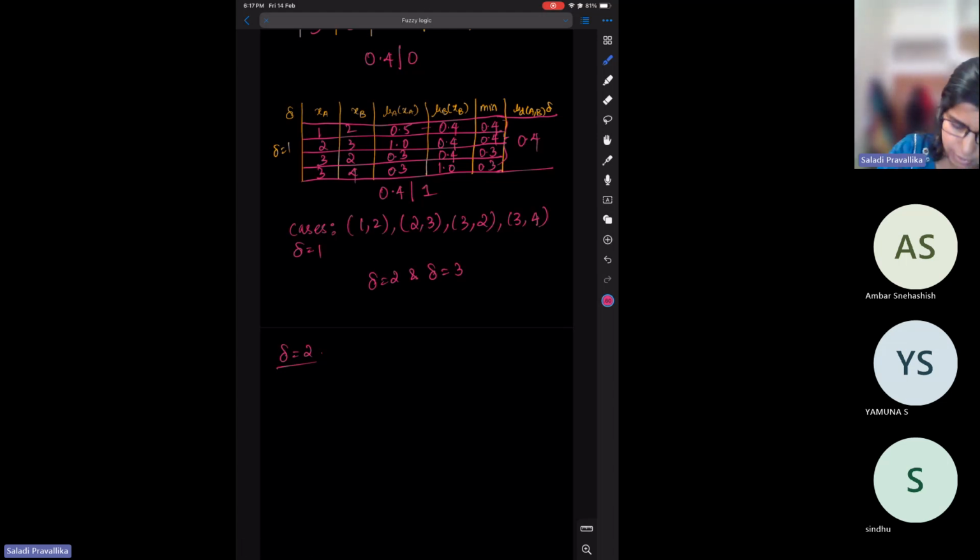Let's write the cases. For delta equal to 2, we have 1, 3 and 2, 4. That's it. We have only two cases for delta equal to 2, so please try it out. And for delta equal to 3, we have 1, 4. That's it.